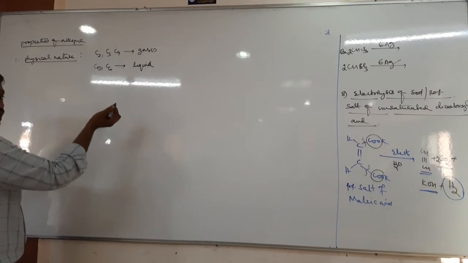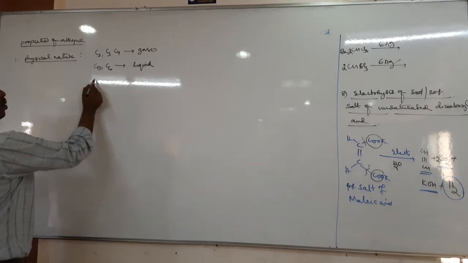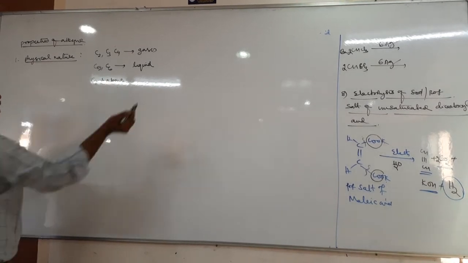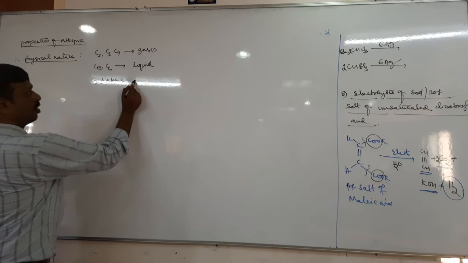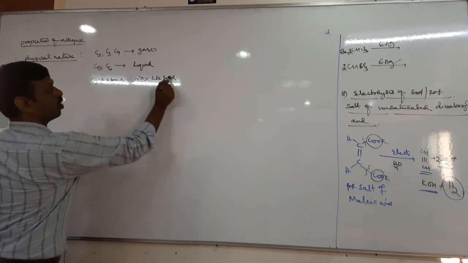Okay, then in the case of alkane it is different. Till 17 carbons you will get liquids. Here usually C5, C6 are liquids, and C7 and above carbons, they are wax-like solids.